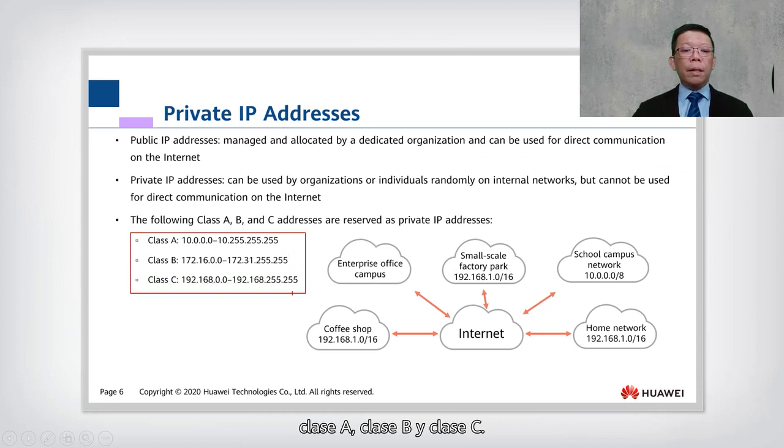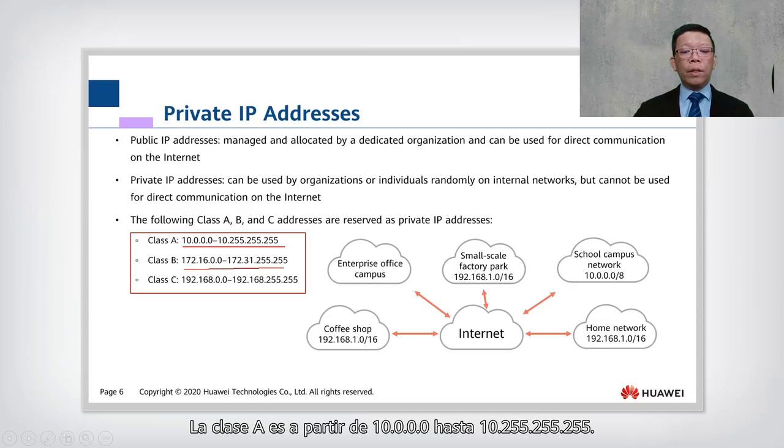For the private IP addresses, Class A is from 10.0.0.0 to 10.255.255.255. Then we have Class B of 172.16.0.0 to 172.31.255.255. And lastly, we have 192.168.0.0 to 192.168.255.255.